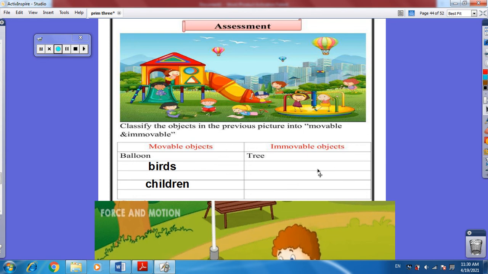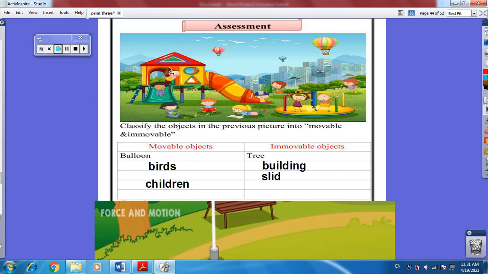Immovable objects cannot move without pushing or pulling them. Tree, and Adam. Super Adam. Excellent. The building behind in this picture. And yes, Yasmin. Excellent.